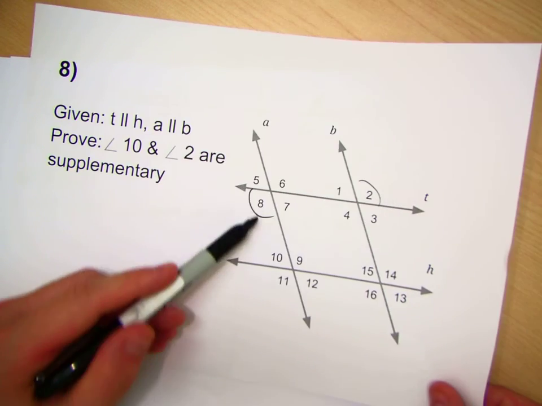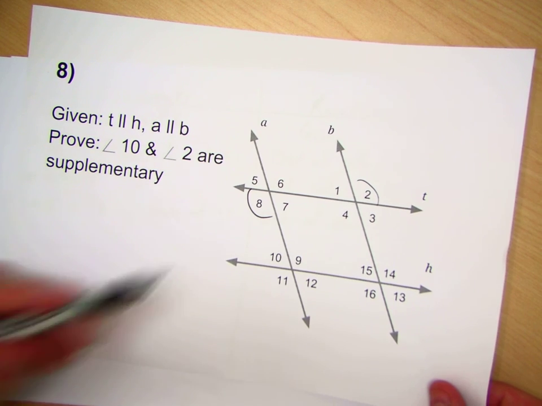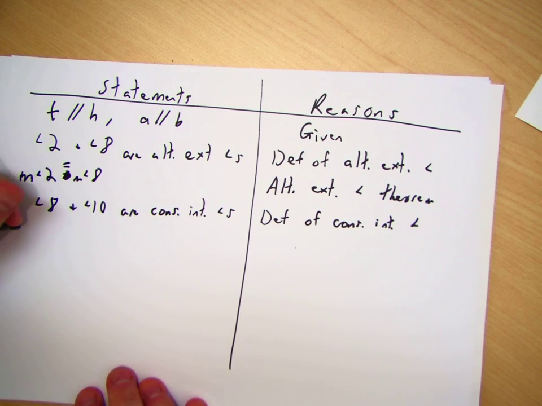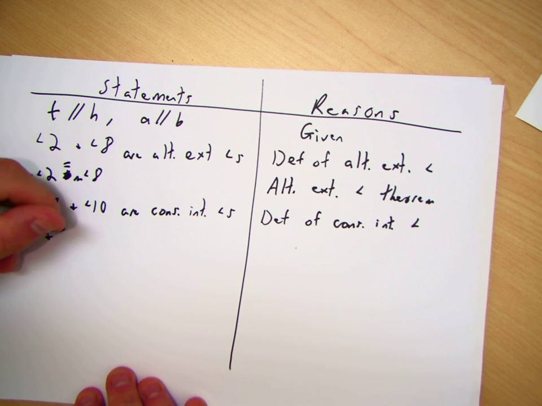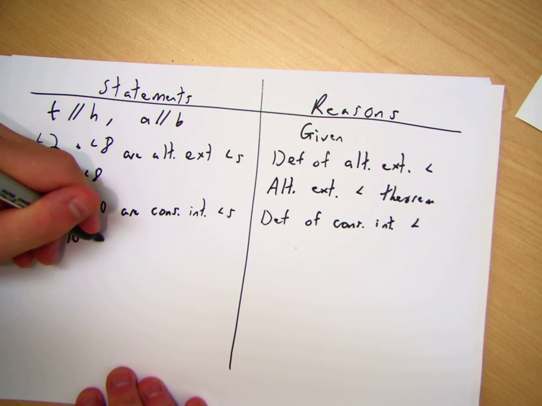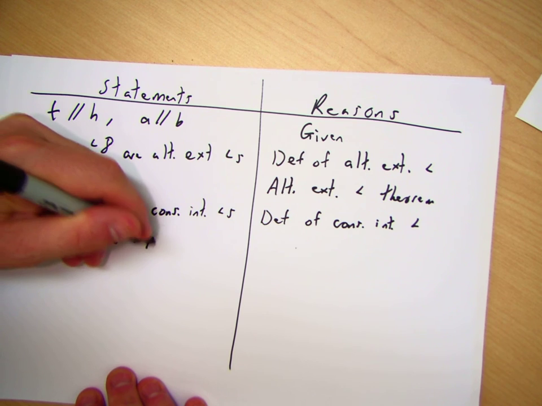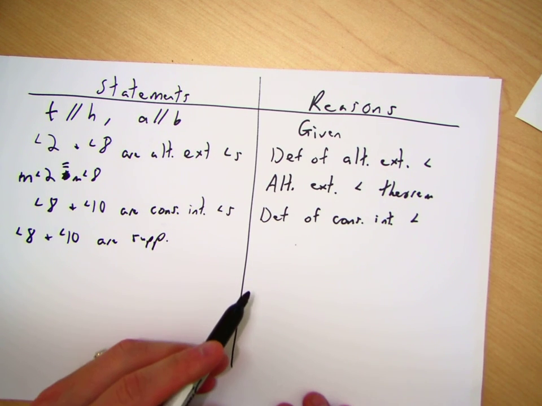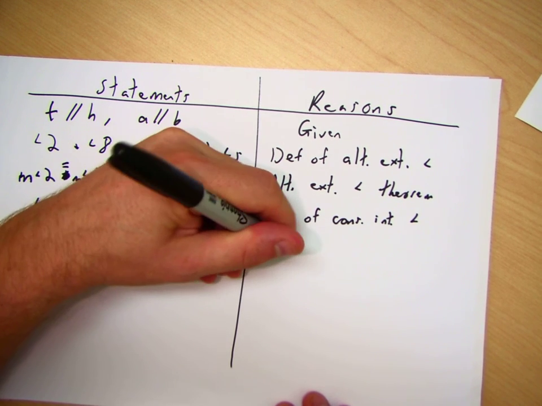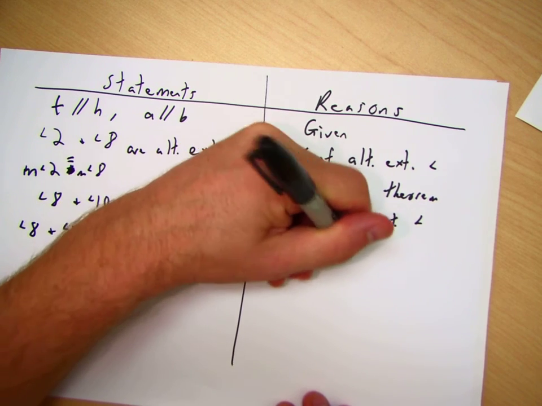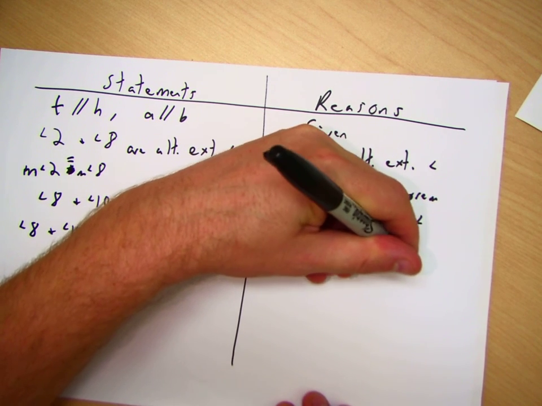Now I can show that they're supplementary. So I know here that angle 8 and angle 10 are supplementary. Why? Because of the consecutive interior angle theorem.